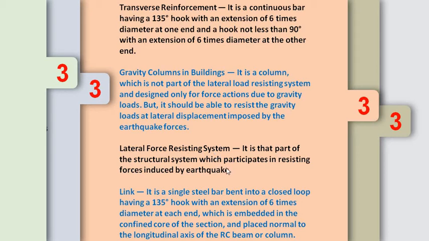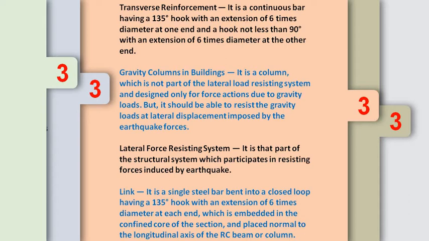Then lateral force resisting system, it is a part of structural system which participates in resisting forces induced by earthquake. Now, when we are talking about the definition of a link, it is a single steel bar bent into a closed loop having a 135-degree hook with an extension of 6 times diameter.